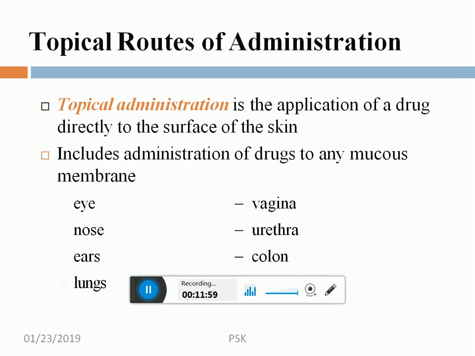So the next one will be the topical route of administration. Topical administration is application of the drug directly on the surface of the skin. The previous one was the oral, and then the systemic, via the intravenous and intramuscular, and the various ways they'll insert. But here the drug molecules will be applied on the surface of the skin.